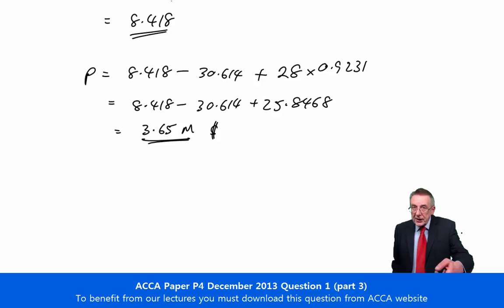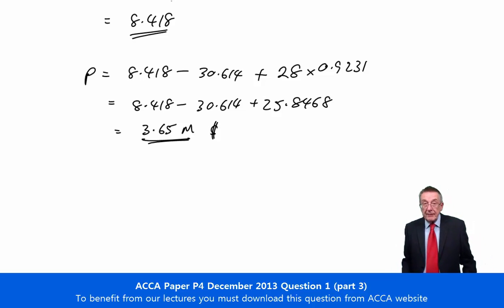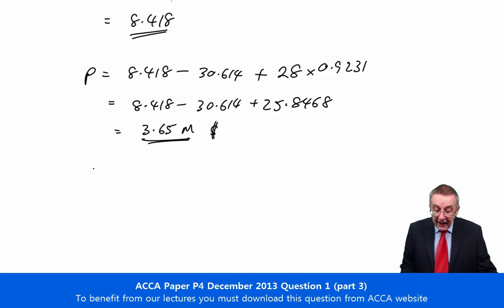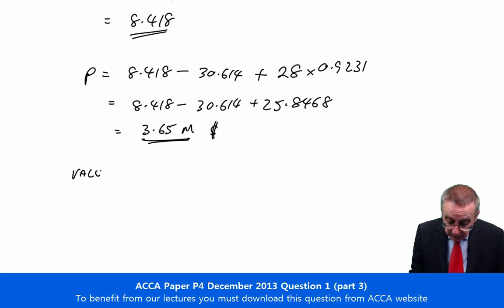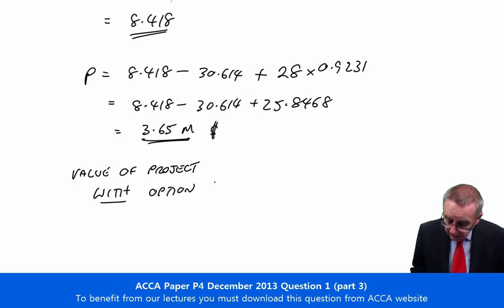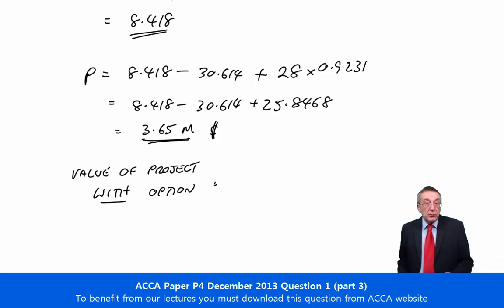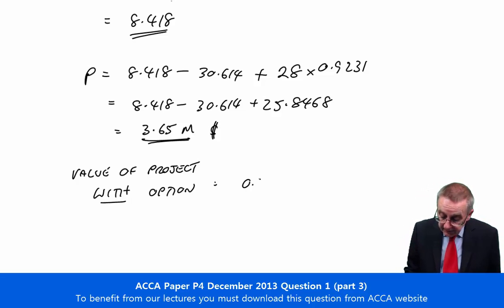Well, the project on its own loses us 0.45 million. Have the same project, but have this option involved, which is 3.65 million. It puts the overall value of the project up. The value of the project with the option is whatever the project was already worth, which was negative 0.45 million.